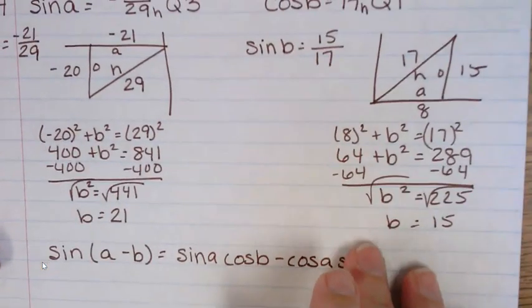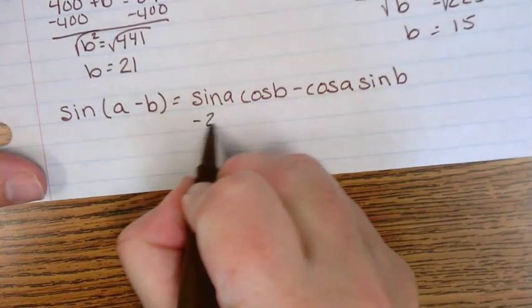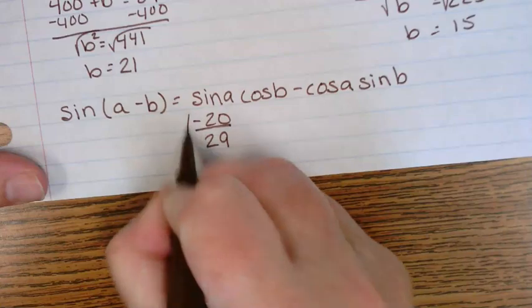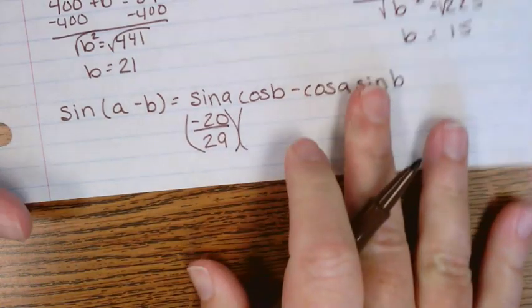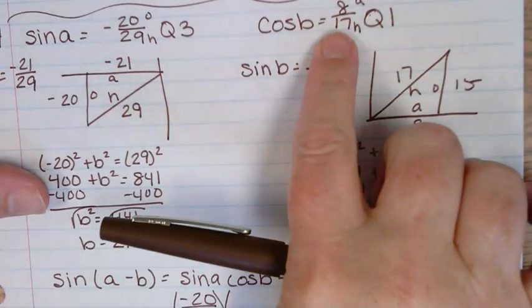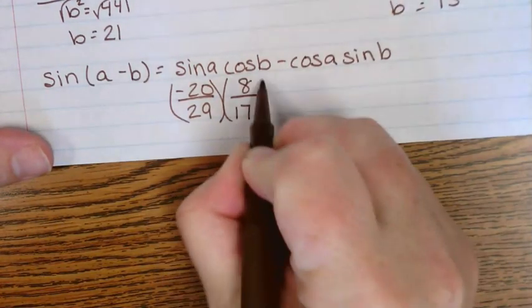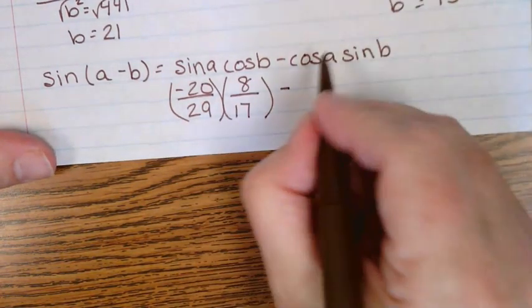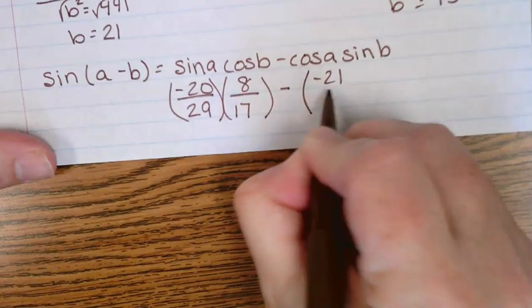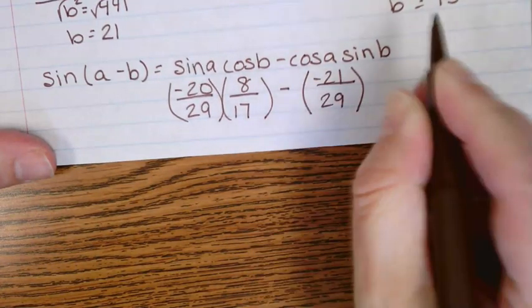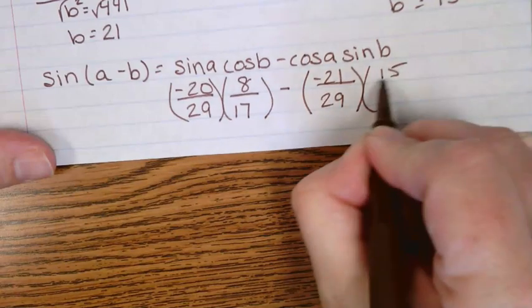Let's see if I can get it all in. So sine A is negative 20 over 29 times cosine B, which is going to be 8 over 17. Cosine A, negative 21 over 29. And sine B is 15 over 17.